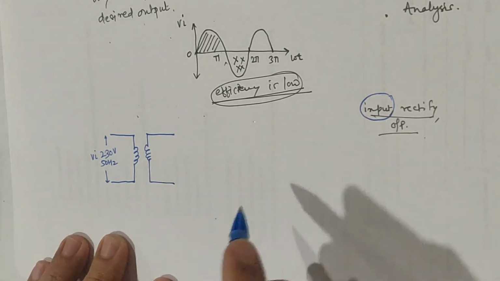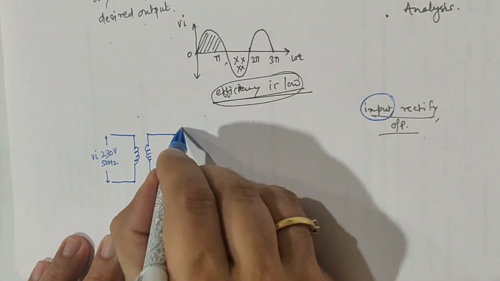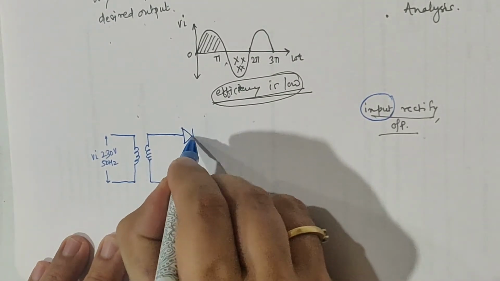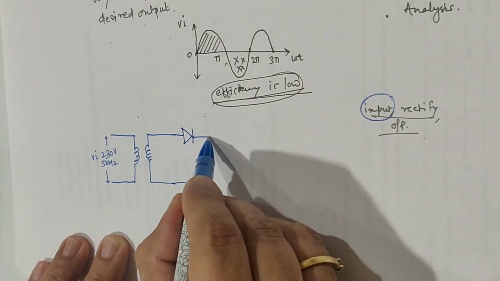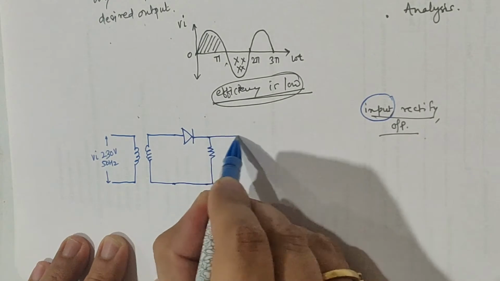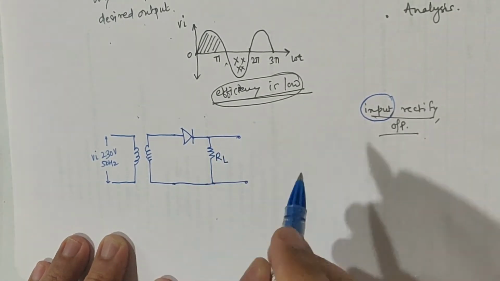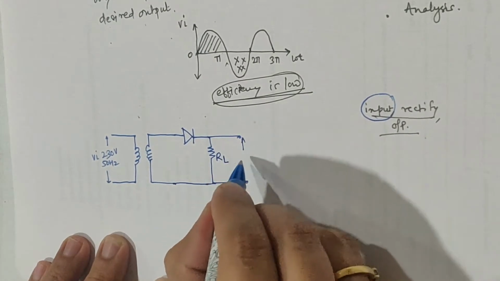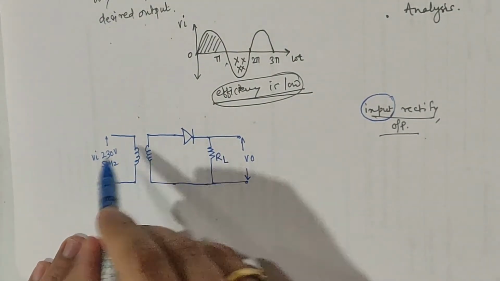It's a standard value. Then we will be having one diode that we will be utilizing for the rectification purpose, and a resistor across which the output will be taken. So remember, across this resistance called as load resistance RL, the output will be taken, and this output I am talking about V0.